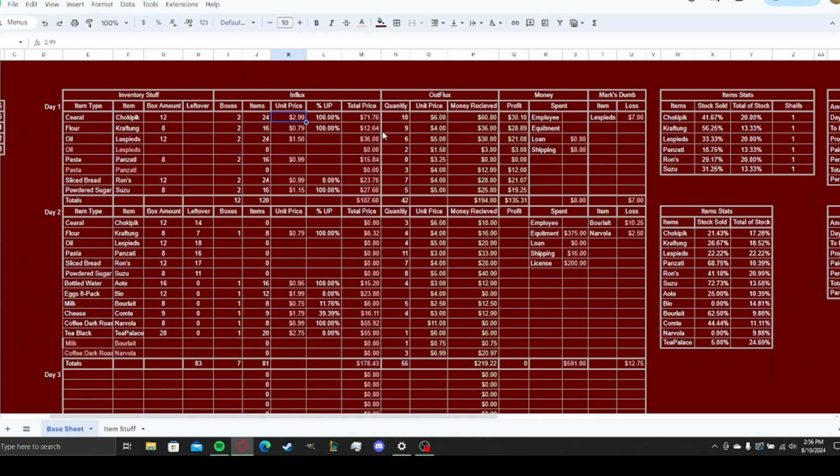Because to show the profit of an individual item, you have to show what you paid for it and what you sold it for. Let's use the flour as an example. For the flour, we bought them at the same price on 2 different days. I should double check that price actually. That would be very important, but I'll do that later.